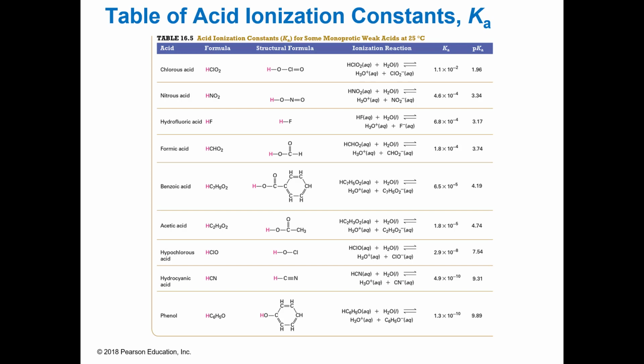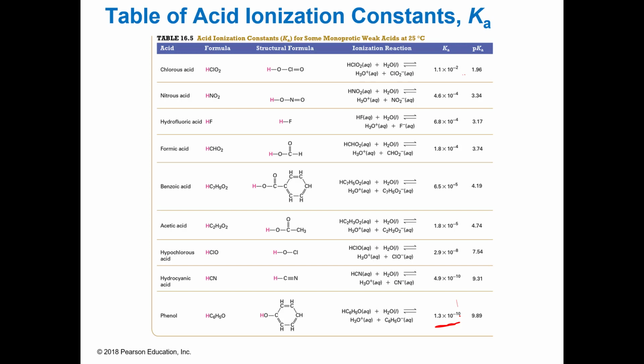And here's just a chart of the different ones that we talked about. Notice that your Kas can get really small, and these aren't even as small as some of the smaller ones, 10 to the minus 19 and things like that. I kind of got them in order going down, and chlorous acid, 1.1 times 10 to the minus 2, is a weak acid because it's less than 1.